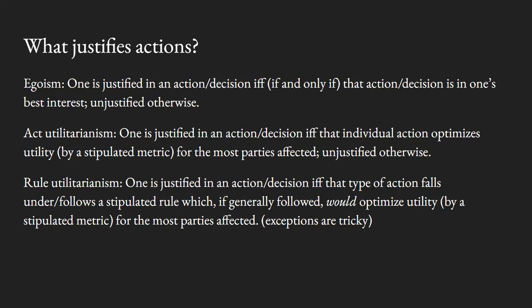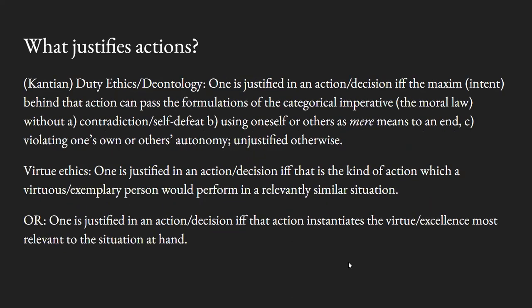For rule utilitarianism, one is justified in an action or decision if that type of action falls under or follows a stipulated rule, which, if generally followed, would optimize utility by a stipulated metric for most parties affected. But the problem with this is that exceptions wind up being tricky.